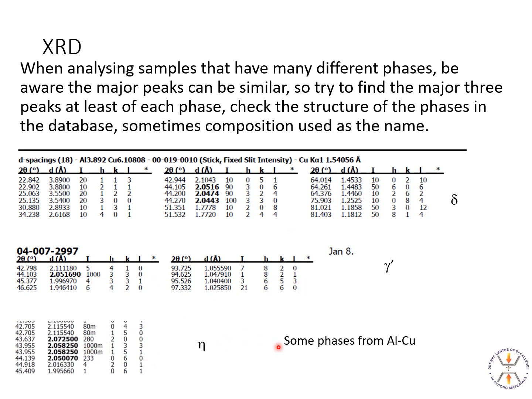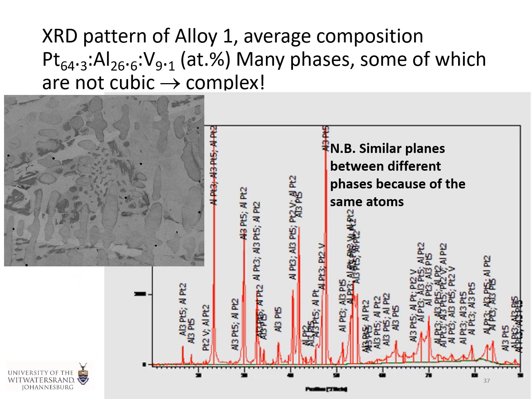Okay, so you might run into trouble trying to work out which is which. That's where, having analysed it, you would know where it is. So these are all the peaks for delta, these are all the peaks for gamma, and these are all the peaks for eta, and they've all got a high peak at 2.05. Okay, nasty, there to trip you up.